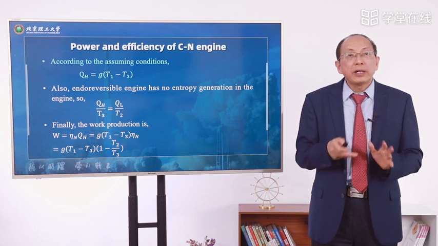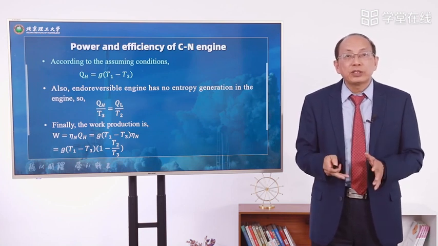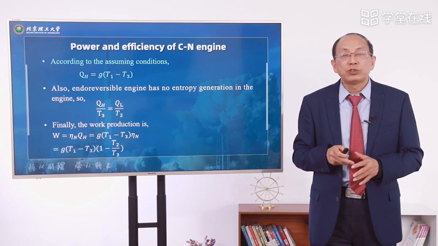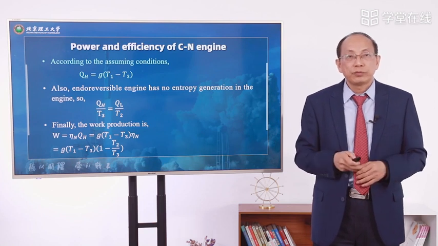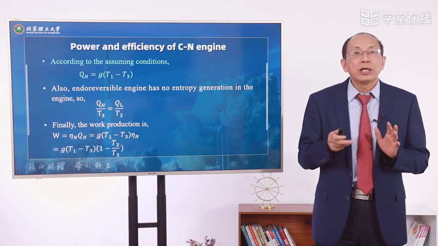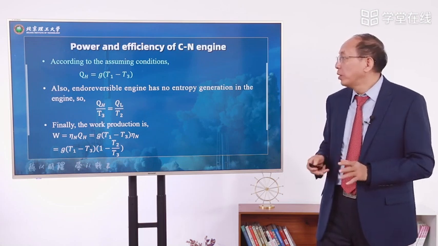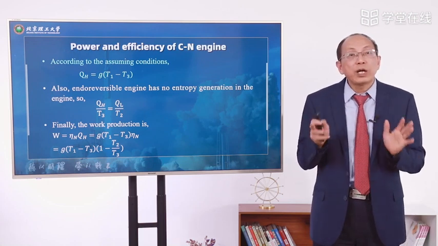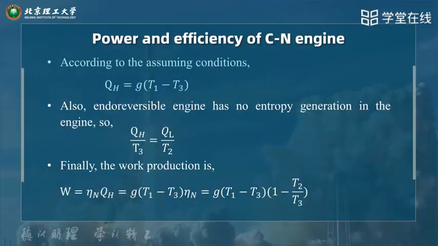Now let's calculate the power and efficiency of the Novikov engine. According to the assumed conditions, from the heat transfer we can calculate QH equals G times (T1 minus T3), just the temperature difference.